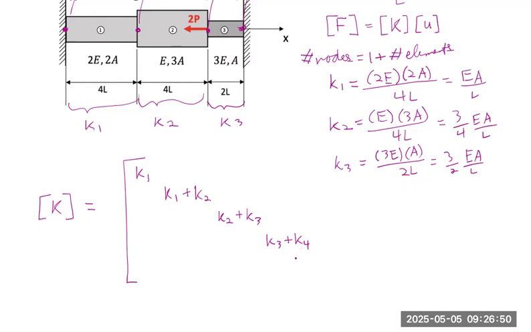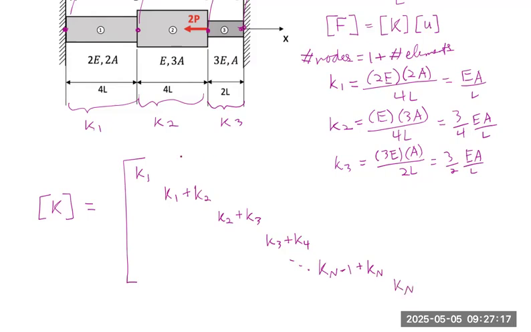It doesn't exist. And we continue going on this way, and basically the generic formula is given by Kn minus 1 plus Kn. And then we end with Kn over here.